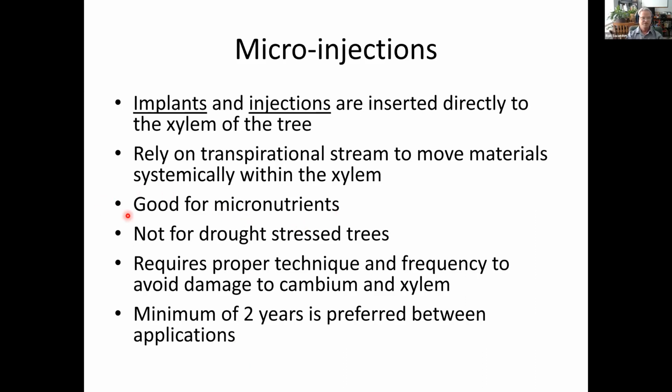It is a good way to get in and restore micronutrient balance. It does require this transpirational stream, so it's not good for trees that are under drought stress. Again, the tree doesn't have a choice but to take in this product because you're putting it in under pressure and the tree has to do something with it.